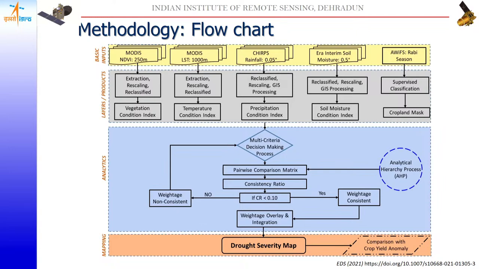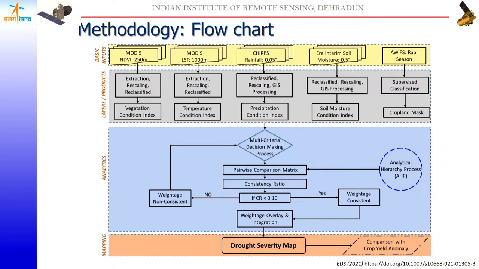We specifically integrated data sets from MODIS: NDVI, the normalized difference vegetation index, land surface temperature, rainfall data sets and soil moisture data sets, and on the basis of these we derived the vegetation condition index, temperature condition index, precipitation condition index and soil moisture condition index respectively.